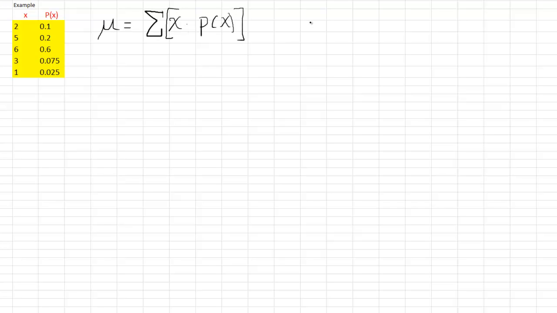The formula for the variance of a probability distribution is sigma squared equals the sum of x minus mu squared times p of x. Basically, all you need to do is follow the formula. Let's do the mean first.